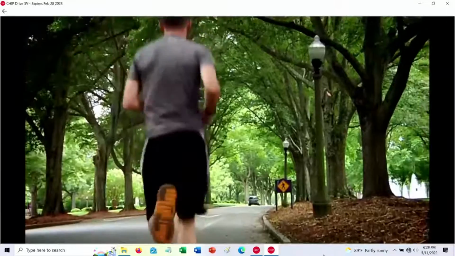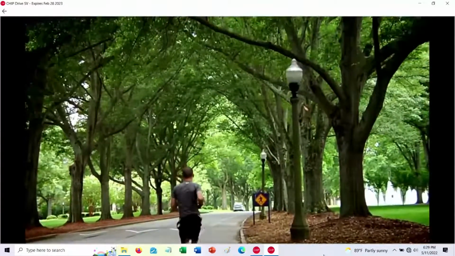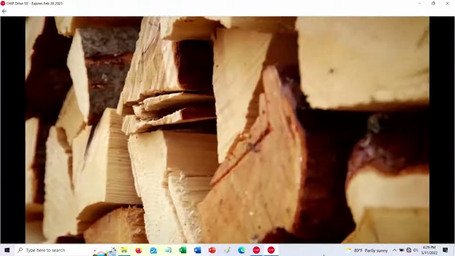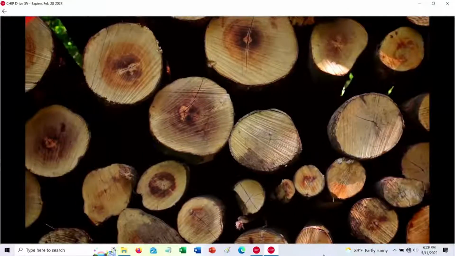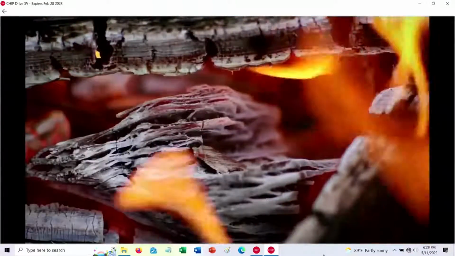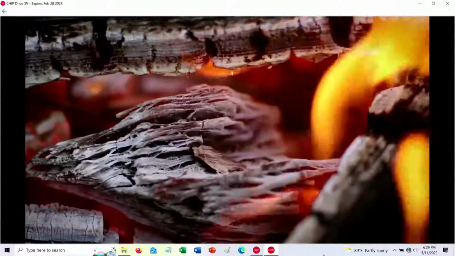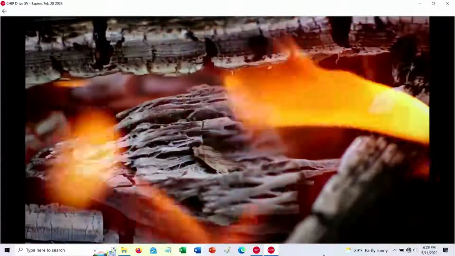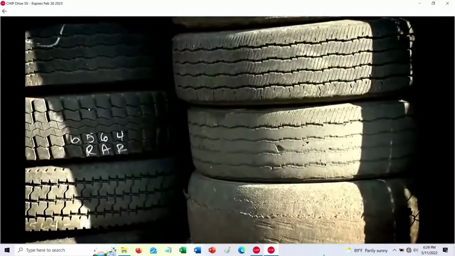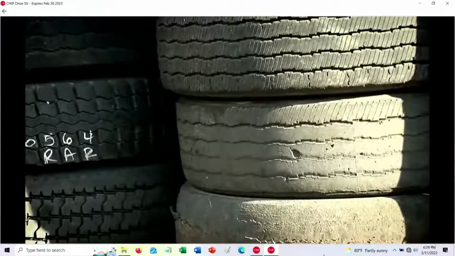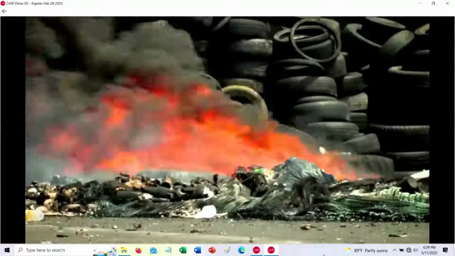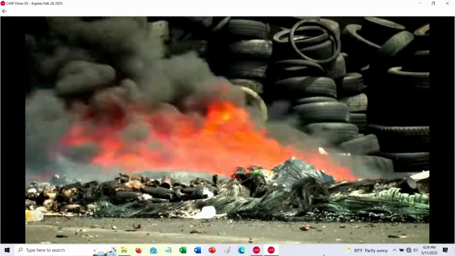And this can be at the expense of tissue maintenance, growth and repair, and immune function. The body prefers to use carbohydrates and fat for energy. Burning carbohydrates for energy is like burning dried pine. It burns hot and fast. Burning fat is like burning hardwood, not as hot, but it burns longer. Burning protein is like burning car tires, and the body has a hard time mopping up the smoke and debris.